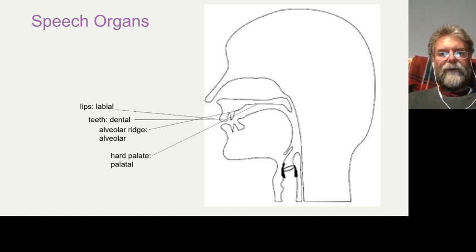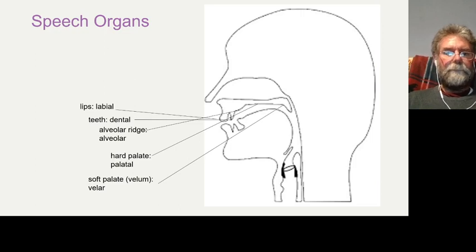Then we have, following on from the alveolar ridge, a bony part of the upper part of your mouth known as the hard palate. It's the hard palate because basically there's bone there and it can't actually be moved. And that contrasts with the back part of that, sometimes referred to as the soft palate. Here the bone gives way and all that's left is kind of muscle.